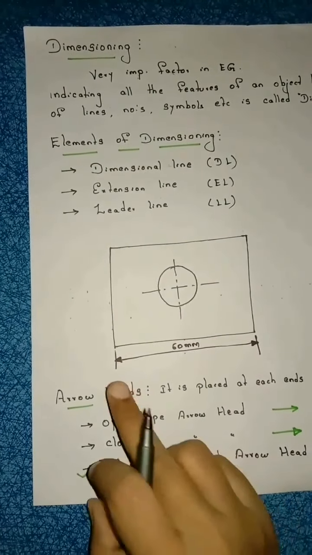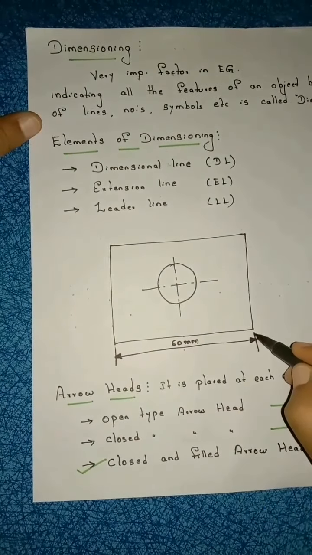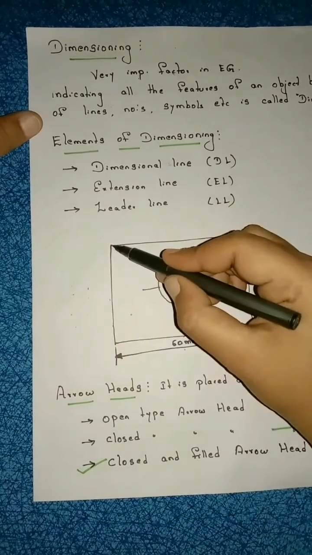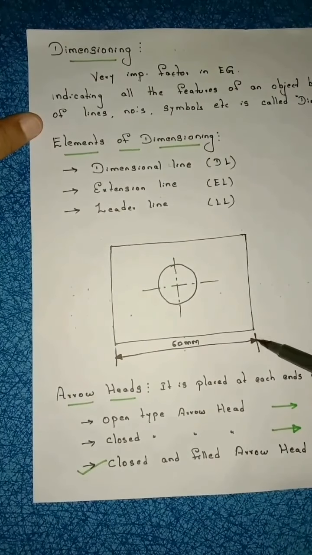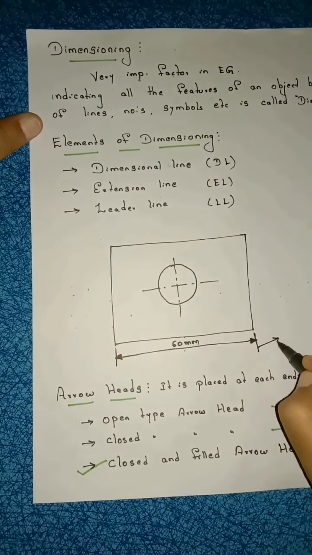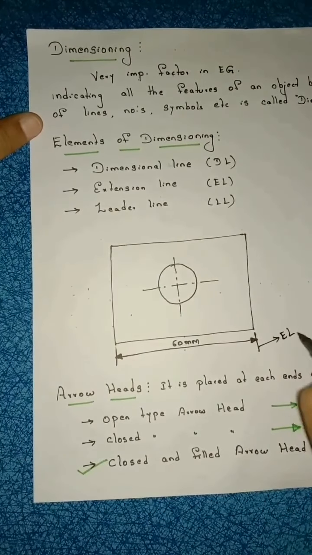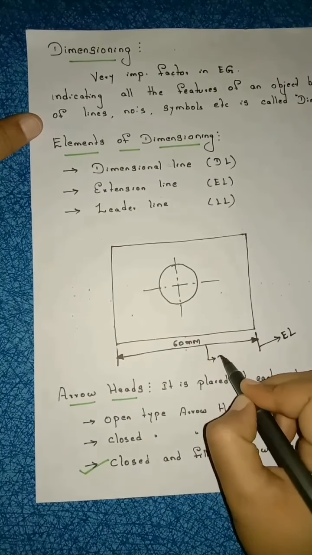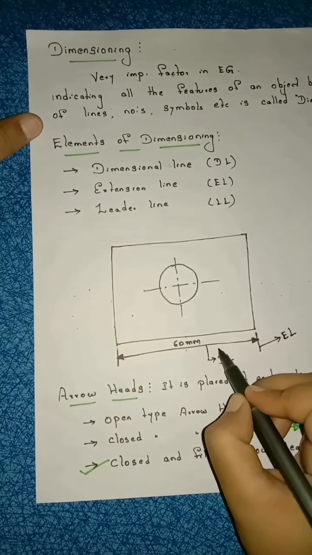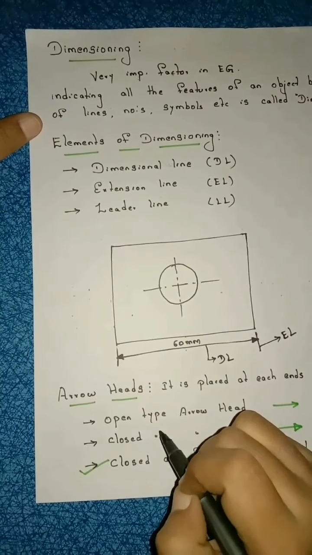This is the starting line, I am extending this one. This is the ending line, I am extending this one. So I am calling it the extension line. And this one I am calling the dimensional line. The dimensional line is always parallel to the baseline.